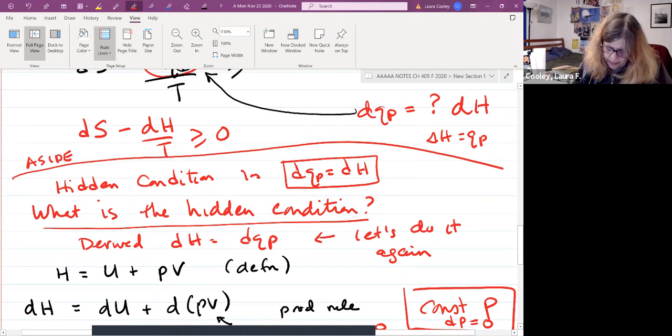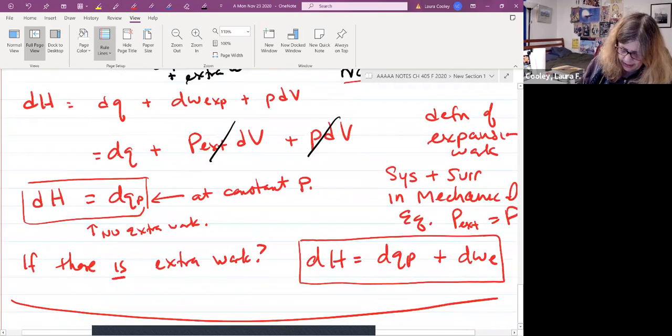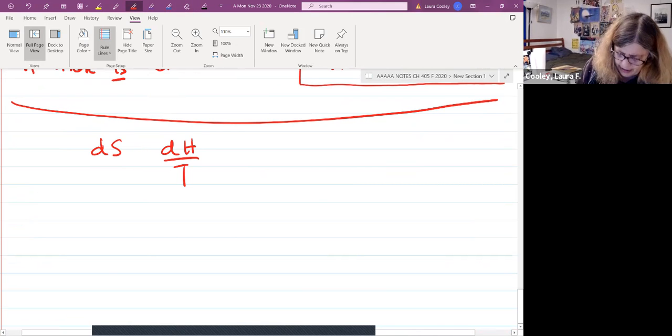So what is the hidden condition? Now we can answer it. No extra work. So I can write this dS is not equal to, sorry, dS minus dH over T greater than or equal to 0. So what are the conditions?